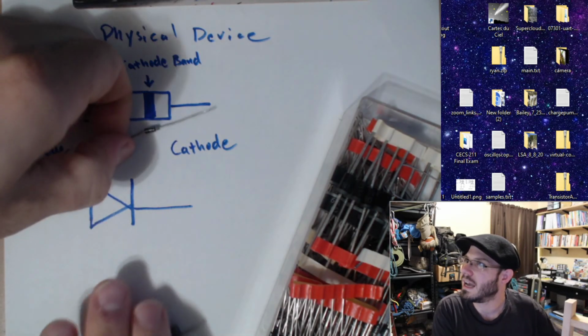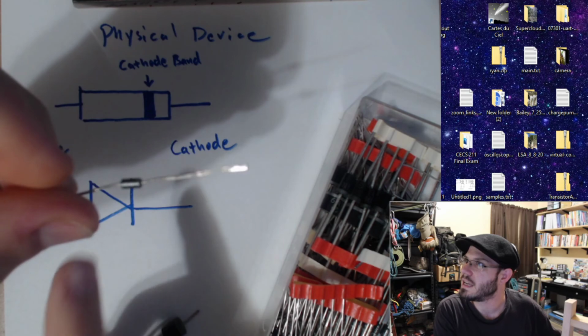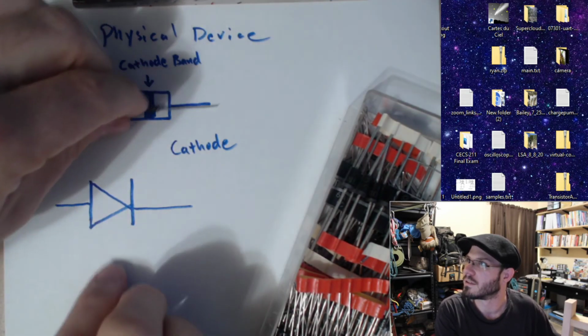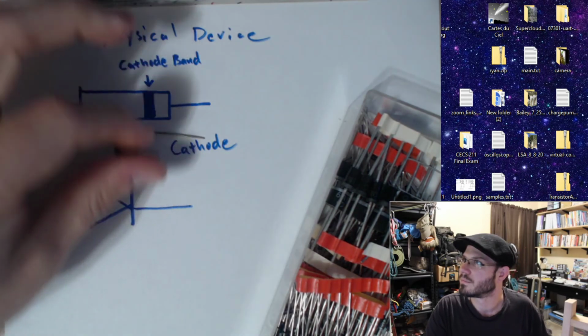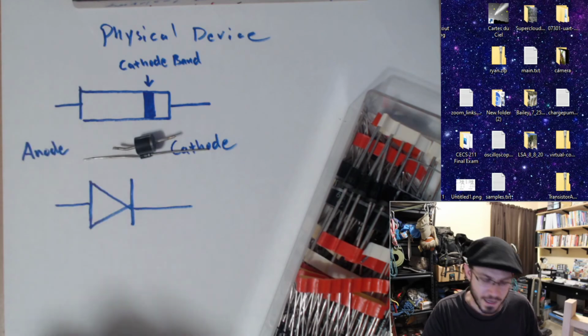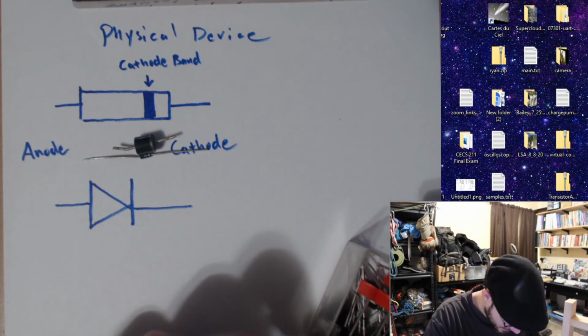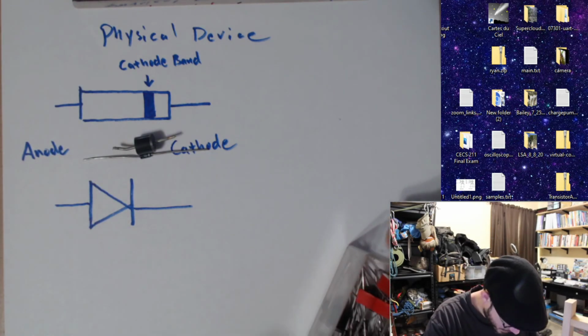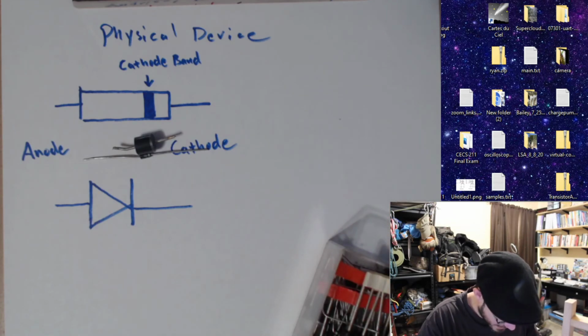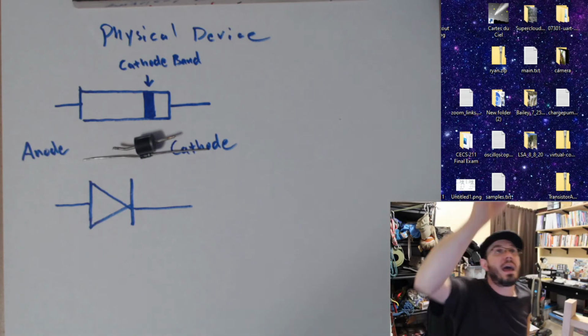Notice this one's a little harder to see, but that stripe is there. This is a very thick diode. Don't I have some bigger ones over here? No, that's as large as I have in my diode set. Okay.